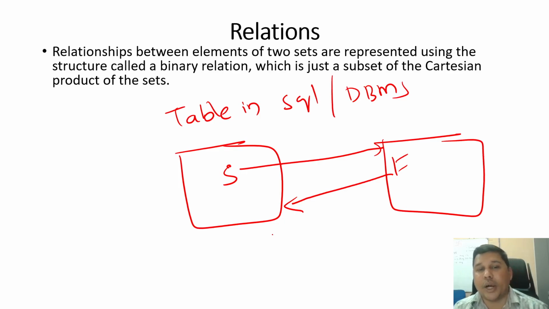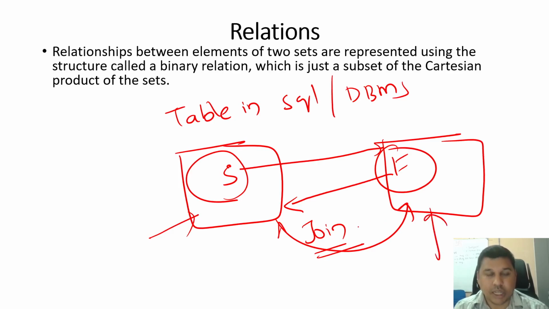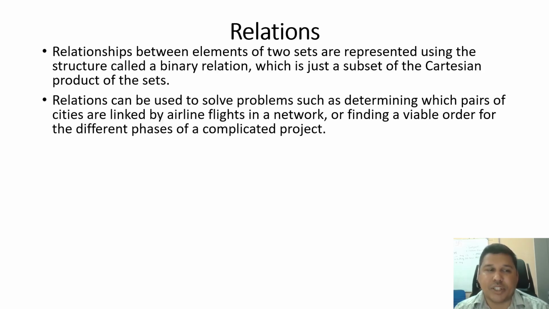So, if I want to find out something which is linked to both the student data and the faculty data, I have to join them. I have to combine these two sets. Assume this is one set and this is another set, we are combining them. So, we say there exists a relationship between the student table and the faculty table. So, the relations concept is mostly used in database management systems.